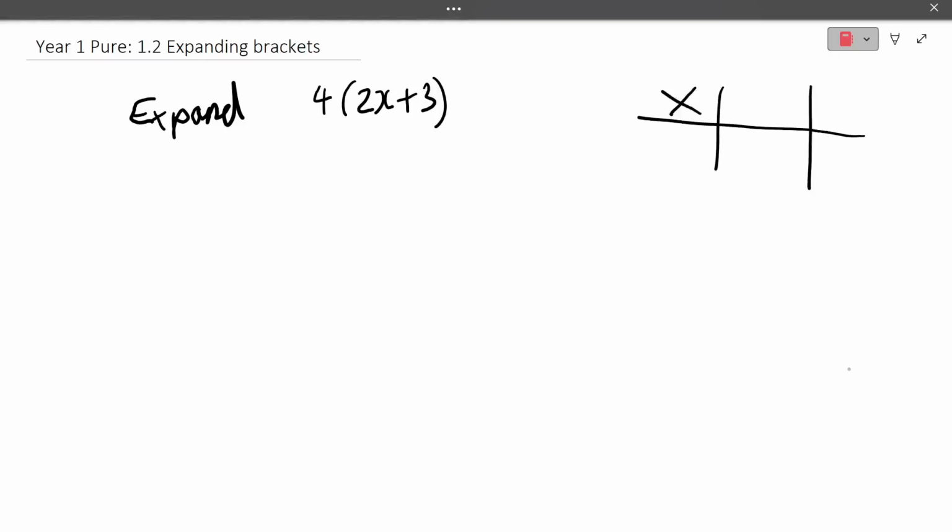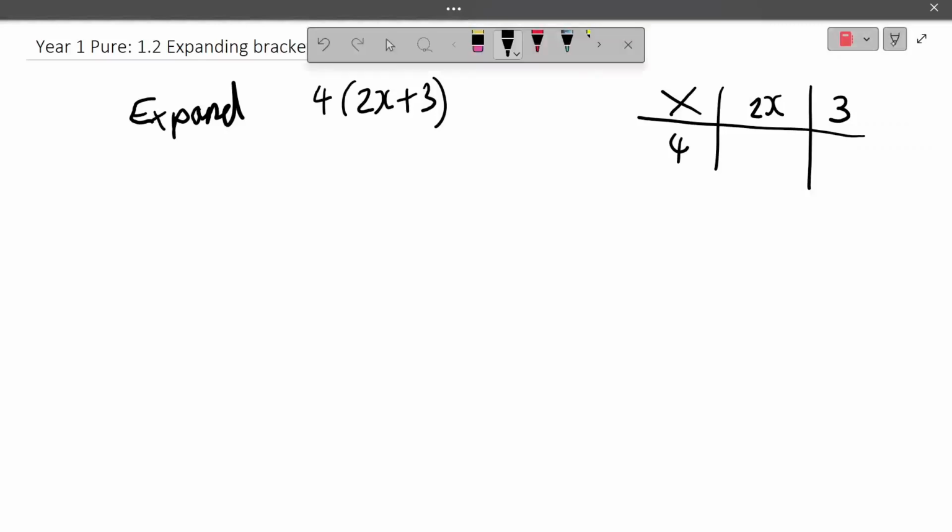Now, when I do normal multiplication, I use the grid way, and you can check out some of my other videos for multiplying numbers. But what we do is we split up the 4, and we have 2x and 3. So we multiply 4 by 2 to get 8x, and 4 times 3 is 12.